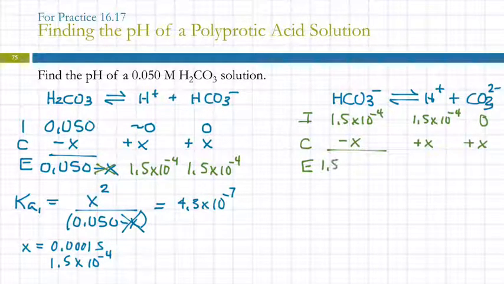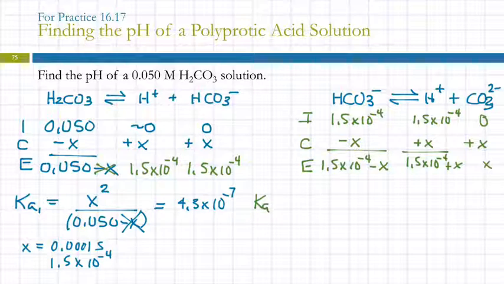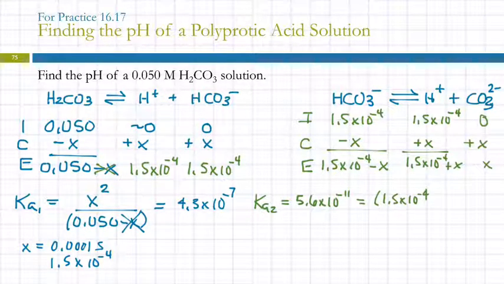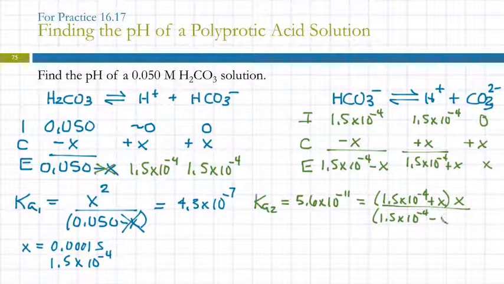So now we have 1.5 times 10 to the minus 4 minus X, and we have 1.5 times 10 to the minus 4 plus X, and then we have X. So Ka2 was 5.6 times 10 to the minus 11, and that's going to equal 1.5 times 10 to the minus 4 plus X times X divided by 1.5 times 10 to the minus 4 minus X.